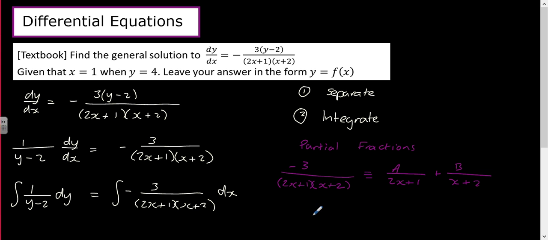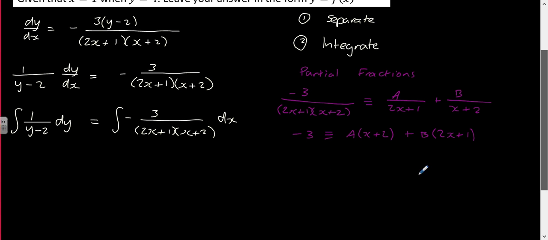So therefore, minus 3 is the same as a times x plus 2 plus b times 2x plus 1. Now we can let x equal minus 2, which means that minus 3 equals, this is eliminated, 2 times minus 2 is minus 4, plus 1 is minus 3. So therefore b is 1.